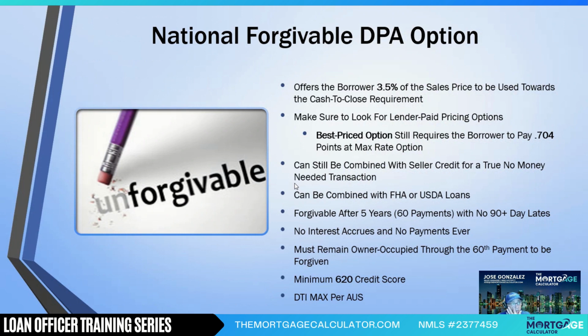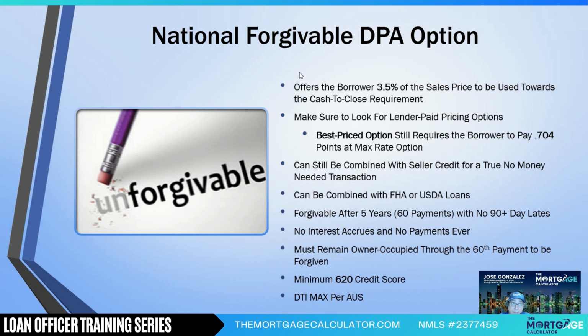So let's go over the forgivable option. It offers the borrower 3.5% of the sales price to be used towards the cash to close requirement. Again, make sure to look for lender paid pricing option, because the best price option that I found still requires a borrower to bring 0.704 points to pay in loan discount, right, to get that rate.